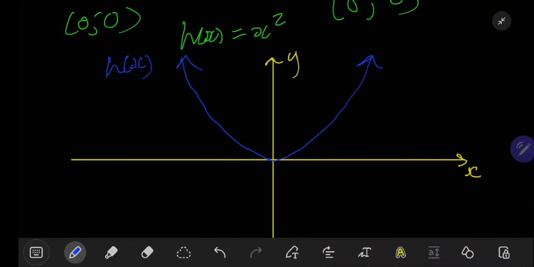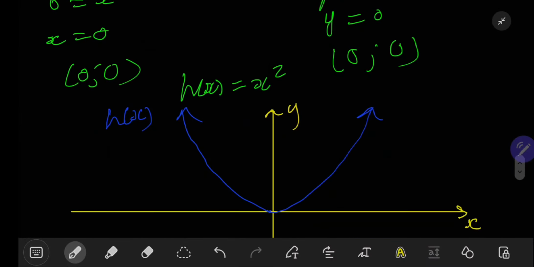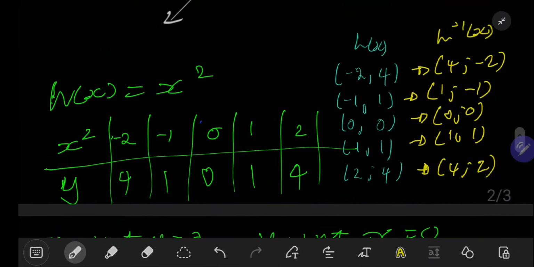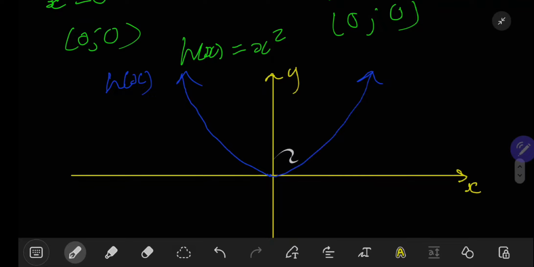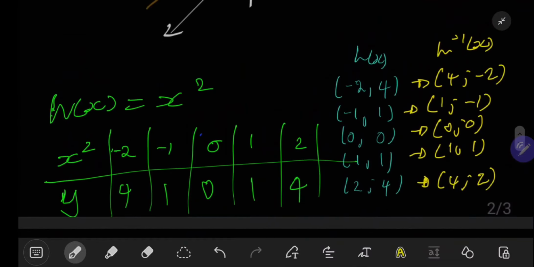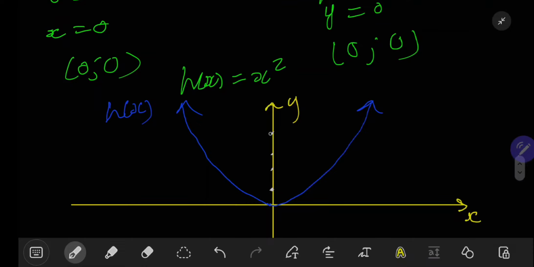Okay, so in order for us to determine the inverse, we interchange the coordinates, and we already have the coordinates there. So let's suppose negative 1 is to 1. Okay, this is negative. This is 0, 1, 2, 3, 4, something like that. And then negative 2 goes with 4. 1, 2, 3, 4.